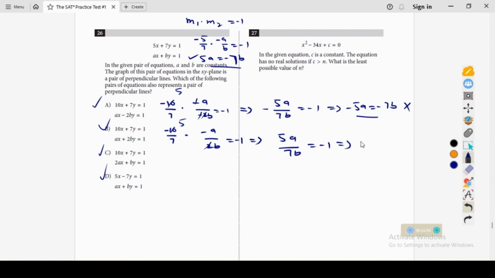And the answer will be 5a equals -7b. So this equation resembles our given equation. So B is the correct answer.